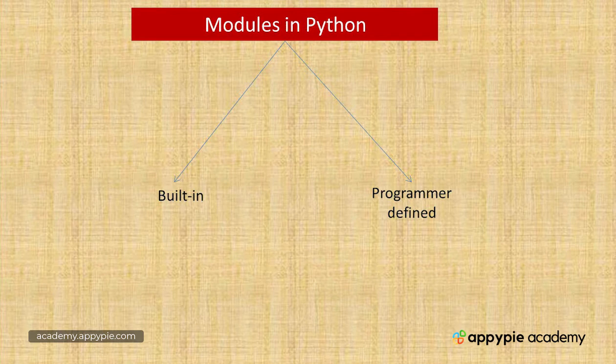So there are many built-in modules. We'll be talking about those built-in modules in our next sections also. Programmer defined modules are the modules which are created by the programmer himself.